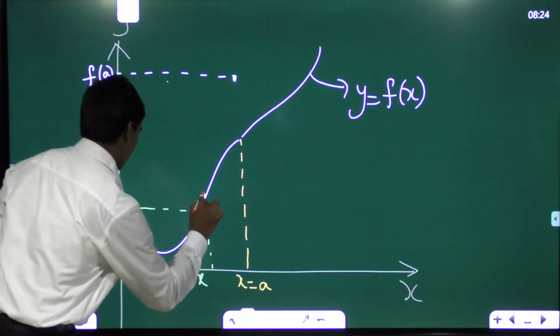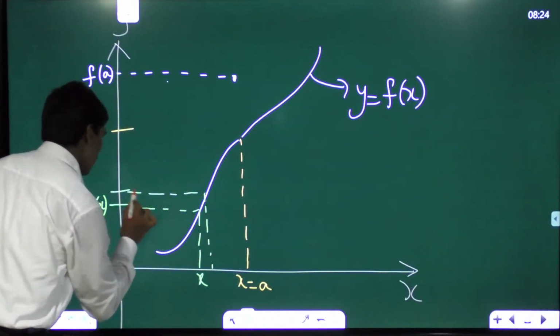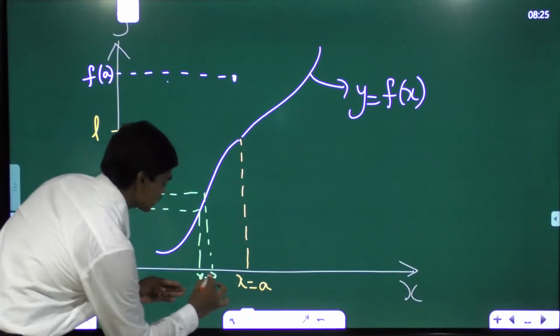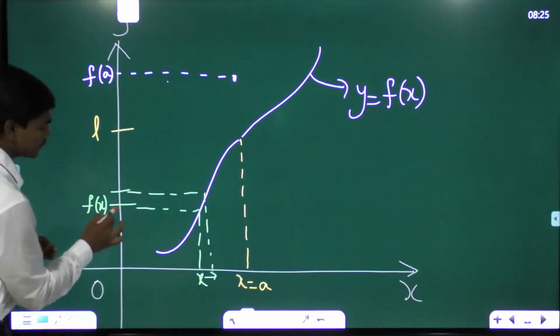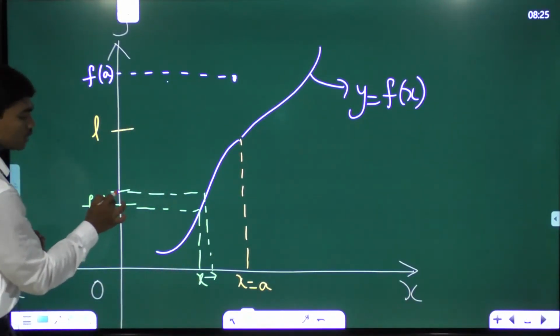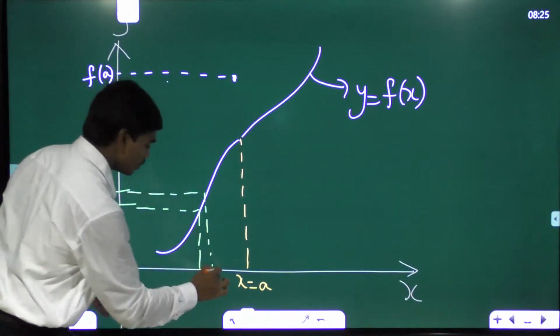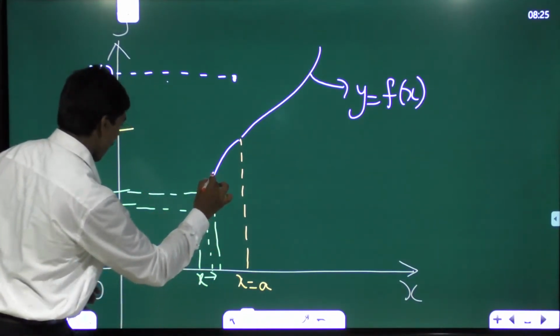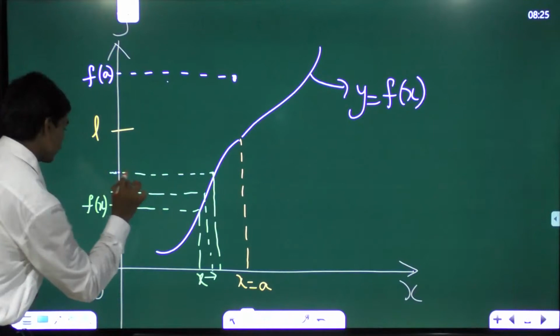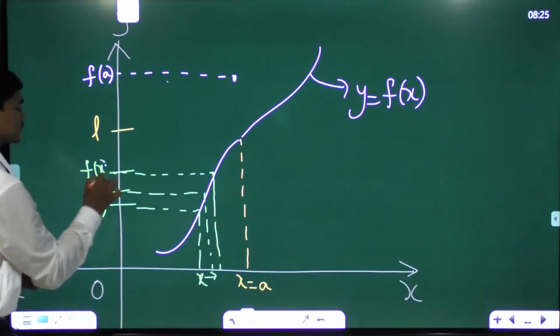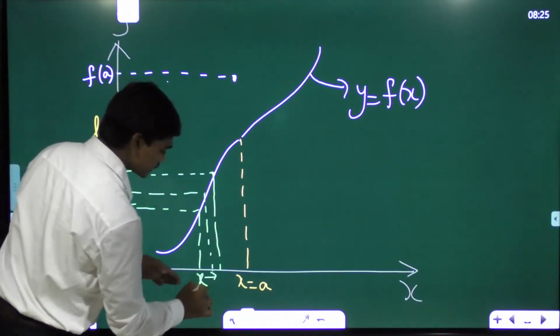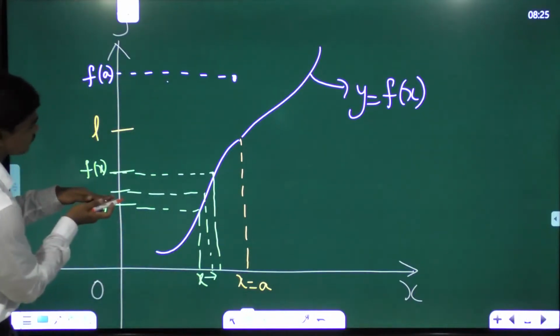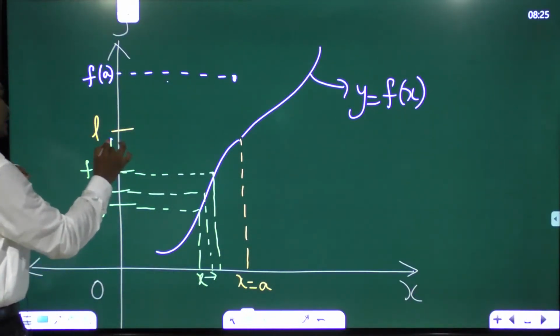Similarly, if you keep on moving this x towards the right, from this point to this point, you have seen your f of x has shifted from this point to this point. If you shift a bit more, this is f of x again, a new f of x, which means one thing is very clear: as your x is moving towards this a, this f of x value is moving towards this L.